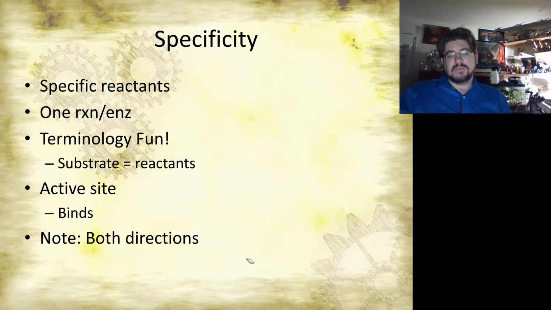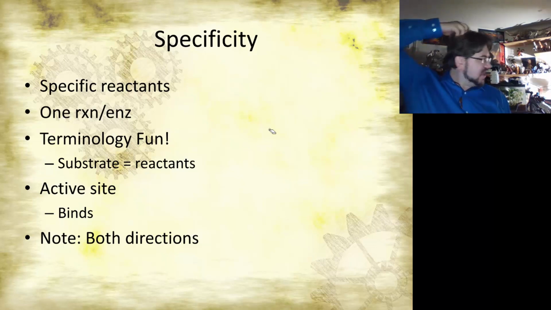Some enzymes can go both directions. So I have an example of that later. I can't remember it off the top of my head, Dan. But anyway, it's about CO2 management. And there's an enzyme that can catalyze CO2 being stored as, I think, carbonate or carbonic acid or something. And then that can be broken back down into CO2.